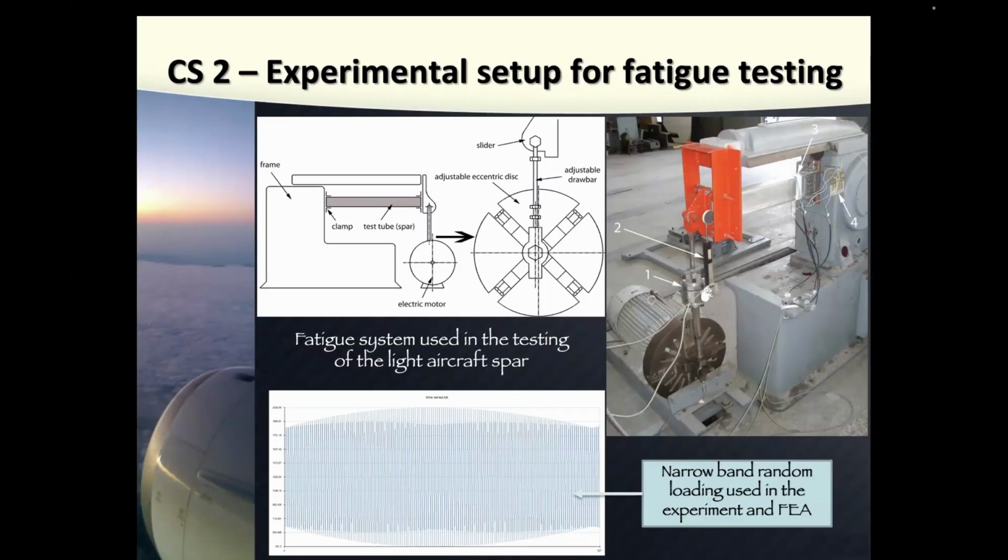And using a 3 Hertz load, we applied this kind of dynamic load. We measured here using these devices. We applied what is called narrow band random loading, and it's one of the loadings used in fatigue analysis of aircraft components. And this is what we came up with.